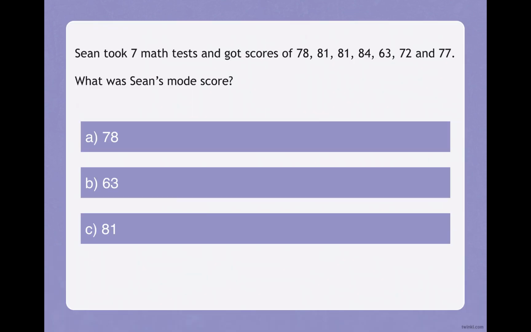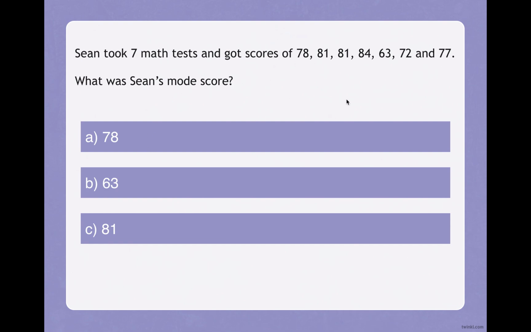So first question. Now, Sean took 7 maths tests and got scores of 78, 81, 81, 84, 63, 72, and 77. Now, this name was already in the question, so sorry, Sean. There are 2 Seans in 2 different classes, so we're not really talking about you, just looking at the test scores, okay? So this is just random test scores. Now, what was his mode score?